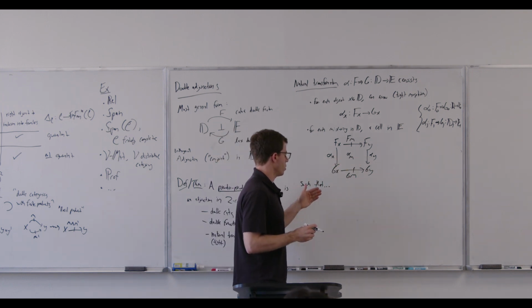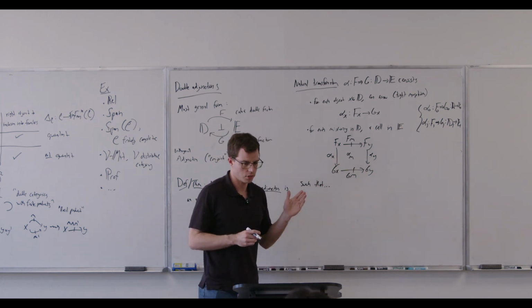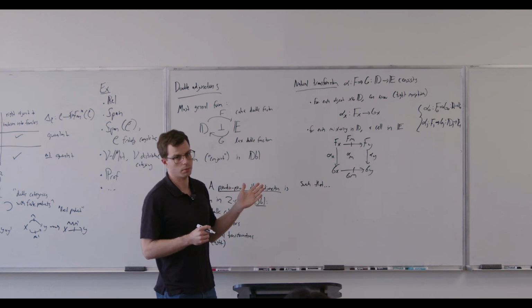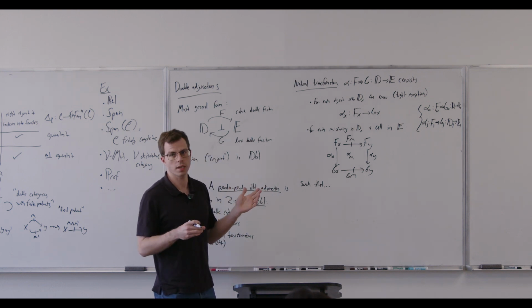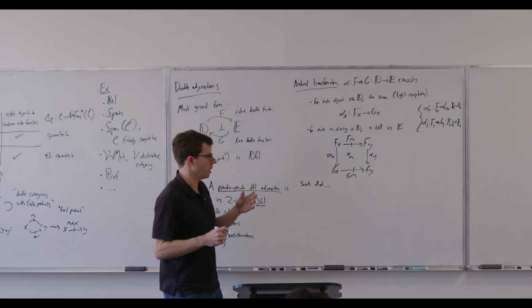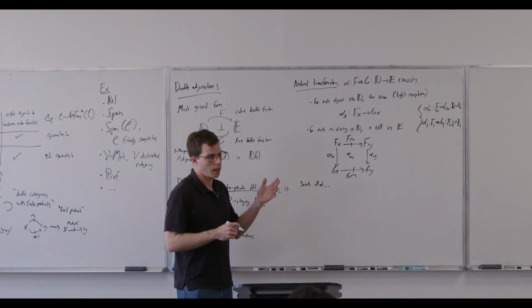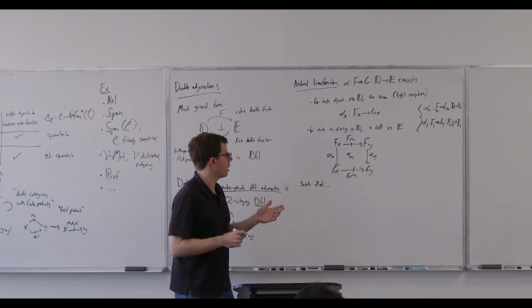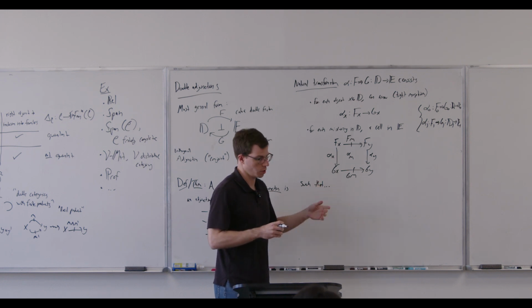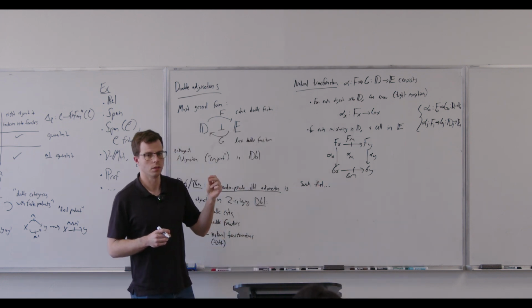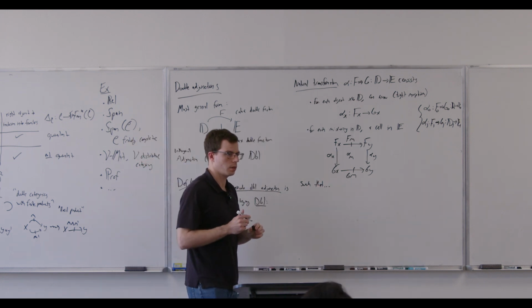I won't write those laws down, but if you've ever seen the definition of a monoidal natural transformation, it's essentially the same laws. And in fact, a monoidal natural transformation is a special case of a natural transformation between double functors when your double functors have trivial categories of objects and arrows.